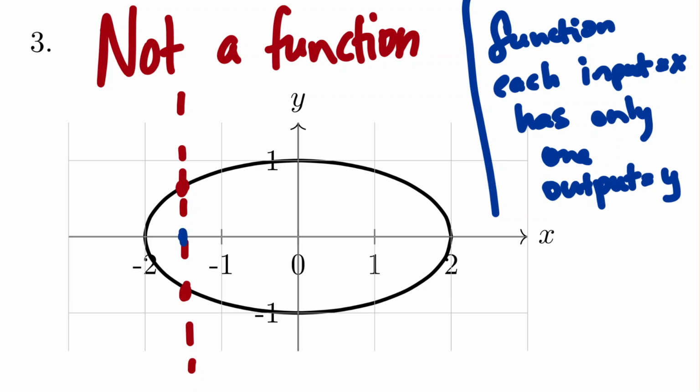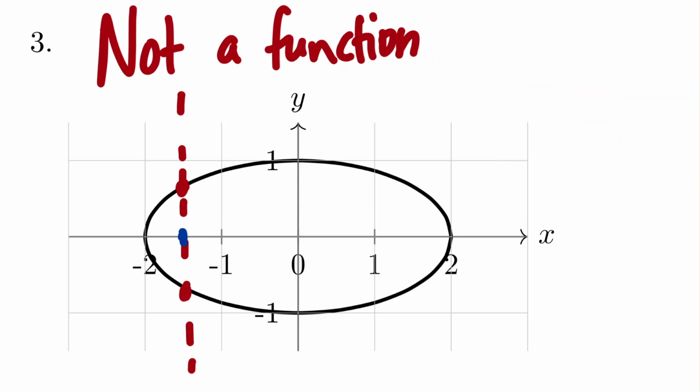If I look at this x value, you've got a y value here and a y value here. So in this graph, a particular x value has more than one y value. That's why this is not a function. So the vertical line test is a visualization of the definition that each input can have only one output. If any single input has more than one output, then the graph is not a function.